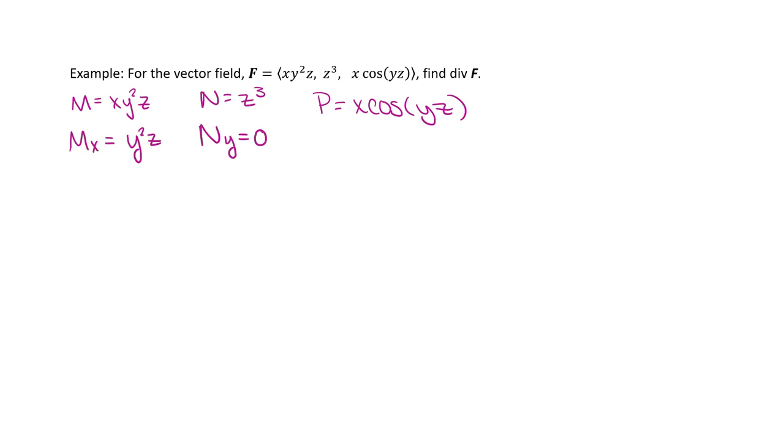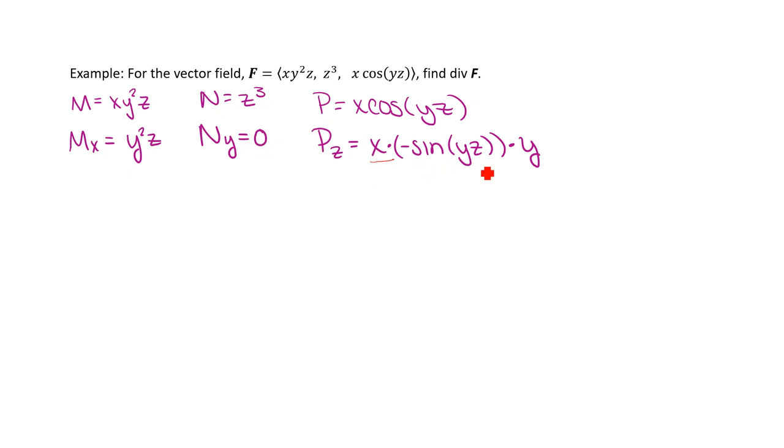So in this case, the M is xy squared z. So its derivative with respect to x is just y squared z. The N is z to the third, doesn't have any y's in it, so N sub y is 0. And the derivative of the P, derivative of x cosine yz with respect to z, I'm going to have to use a chain rule on this one. x stays there.